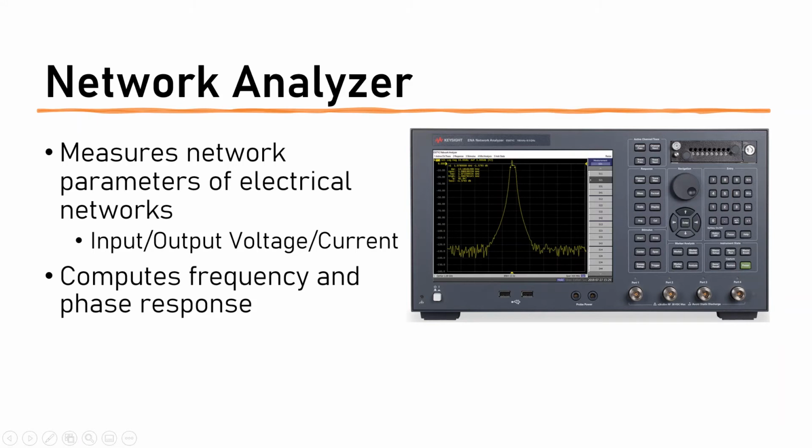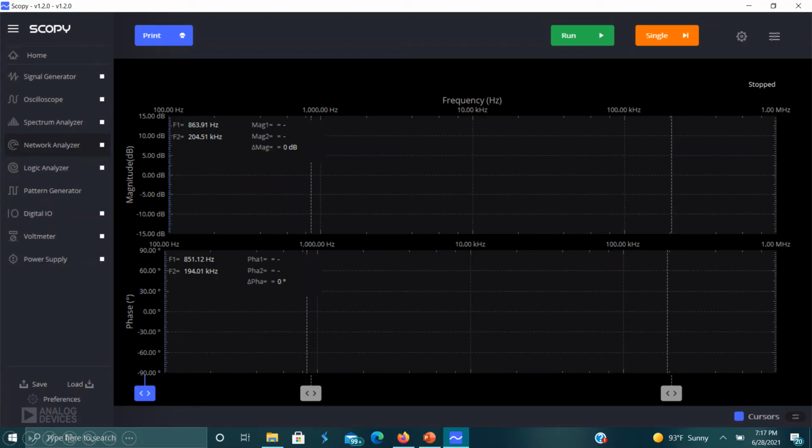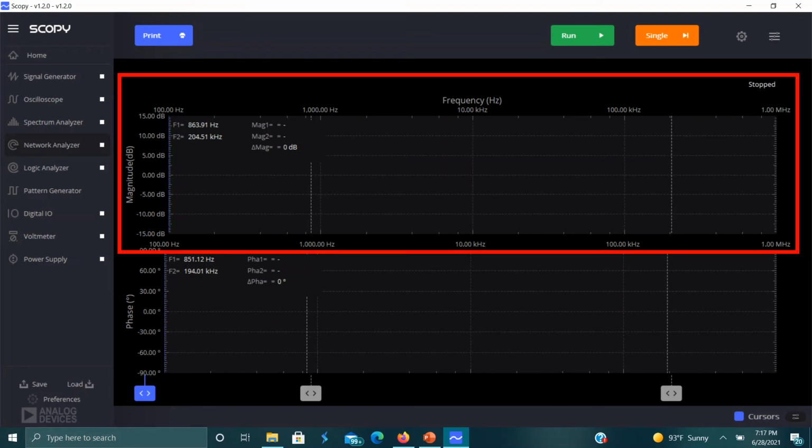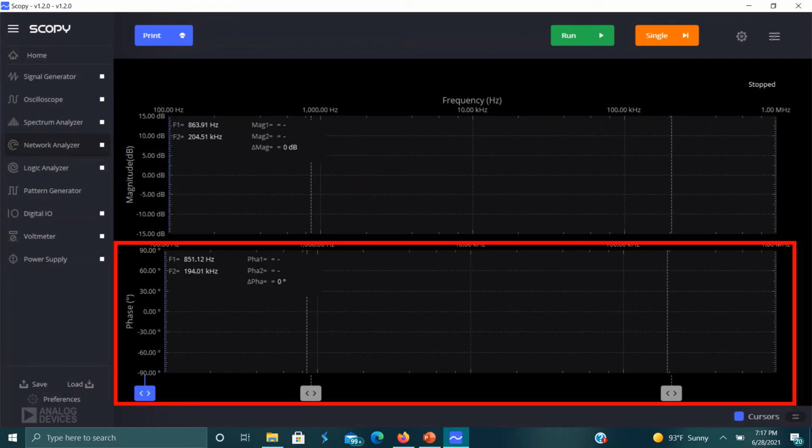The network analyzer computes the frequency response and phase response of the circuit and shows this information on one or two graphs that can be observed on its display screen. On the M2K, both the amplitude and phase angle graphs can be viewed simultaneously. The top graph exhibits the amplitude or gain in decibels over a range of frequencies, while the bottom graph exhibits the phase angle in degrees corresponding to the amplitudes in the same frequency range.